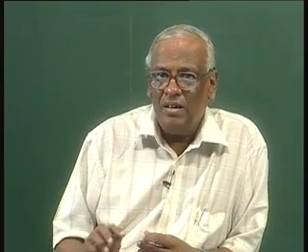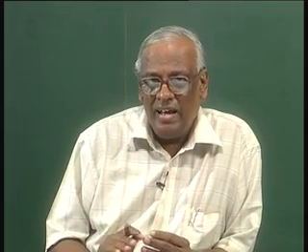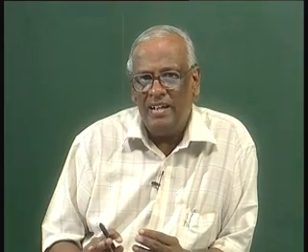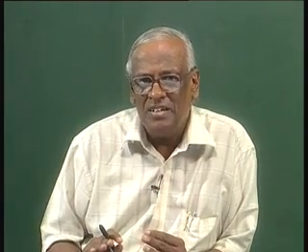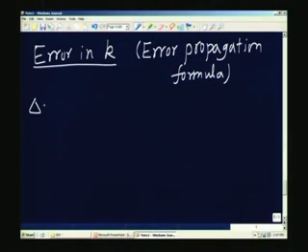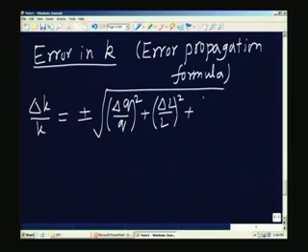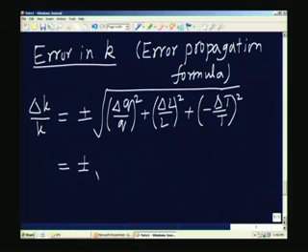Because K is related to the other quantities as the product of Q and L divided by delta T, I can use logarithmic differentiation and obtain delta K by K as plus or minus the square root of (delta Q by Q) whole squared plus (delta L by L) whole squared plus (delta T by T) whole squared. Of course, because it is squared, the sign of the delta T term is not going to make any difference.